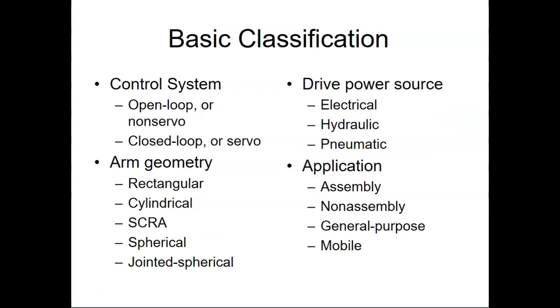So, basic classification. You have control systems that are open loop or non-servo. That is, for example, a stepper motor, which gives no feedback at all to the actual robot. And then you have closed loop or servo. These robots all over here have servo motors.